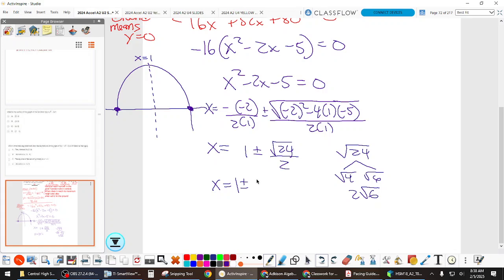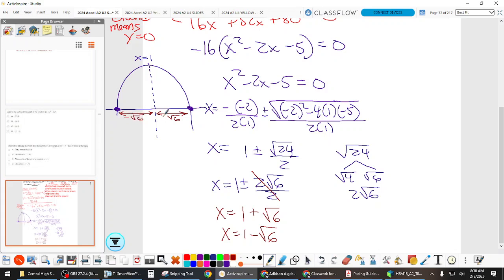This thing is slow today. See that? Okay. 2 root 6 over 2, those cancel, and now we're left with just 1 plus root 6 and 1 minus root 6. In other words, this distance is root 6 from the vertex.